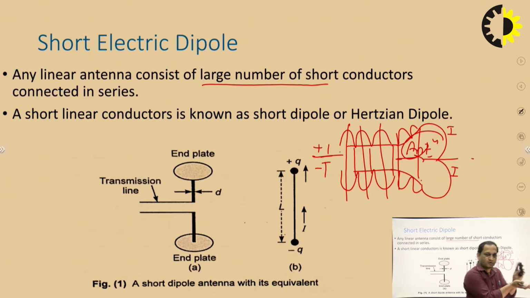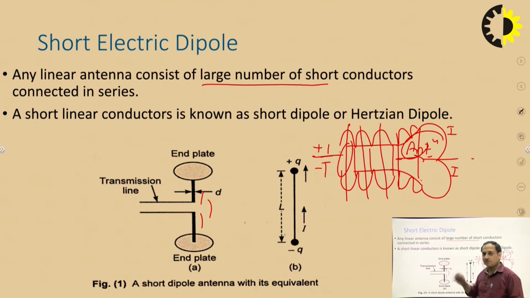If we flare more, what will happen? When we flare it more, it will become like this, right? This is the maximum radiation which we will observe at the terminal end. So how does this occur? As we said, when we give supply from the source to the first terminal of the transmission line, charge movement will occur between the conductors.